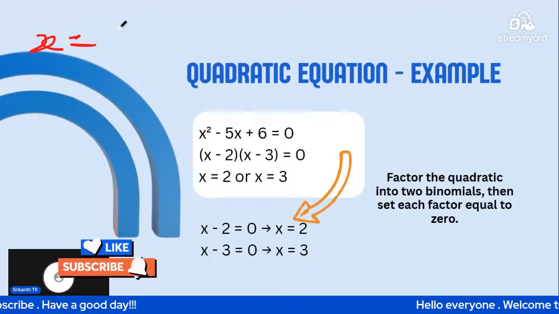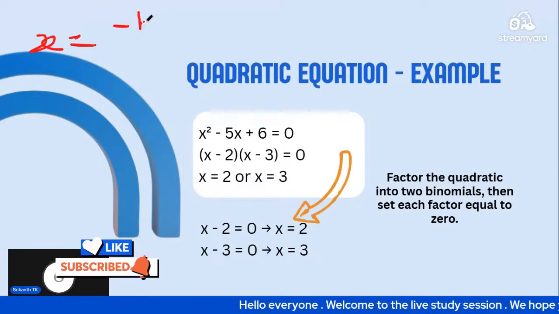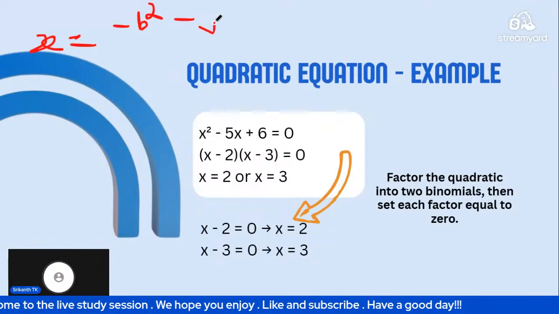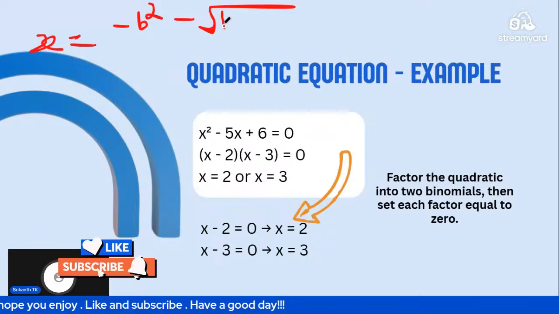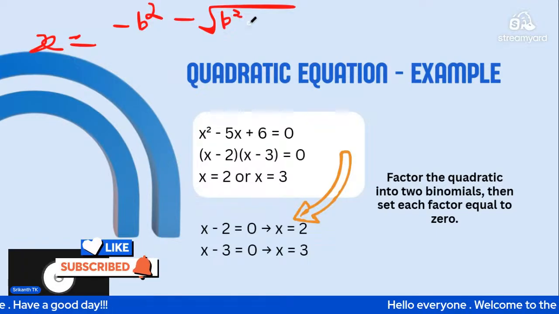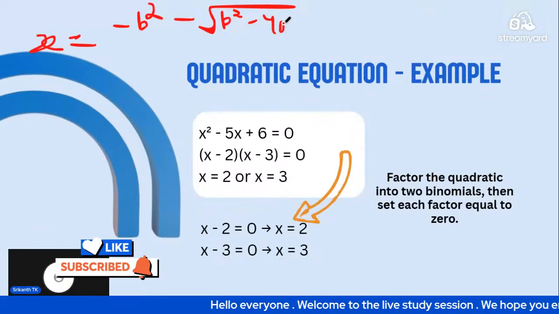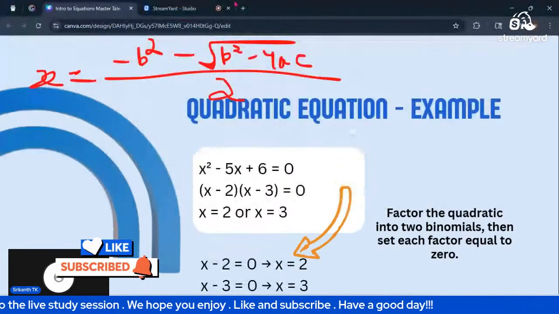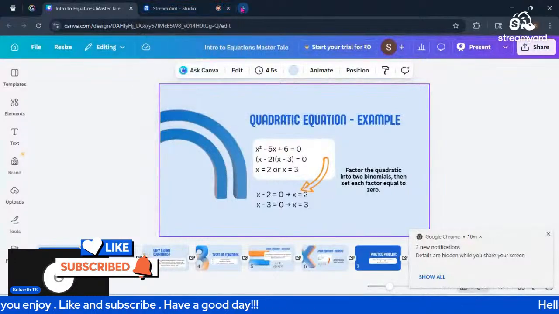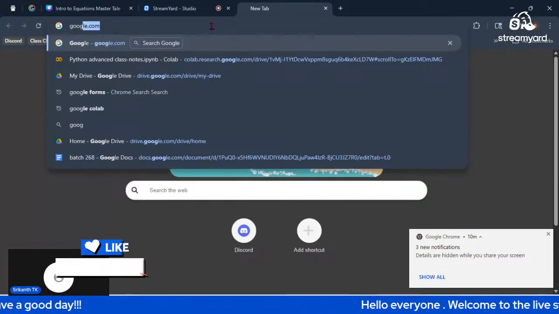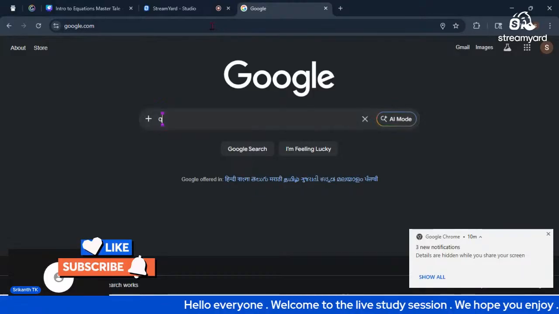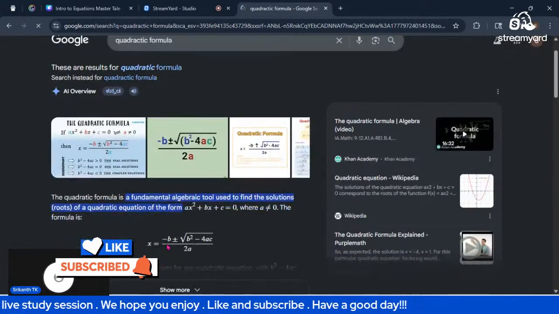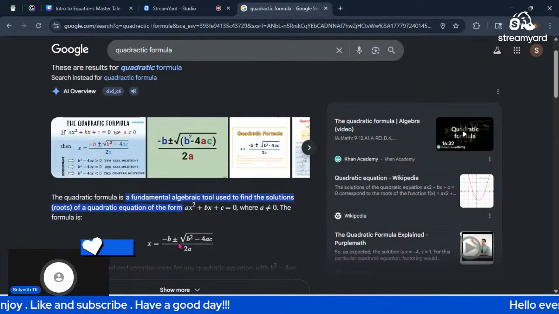The quadratic formula is x equal to minus b, square root of b square minus 4ac, divided by 2. So let me quickly show you here. Quadratic formula, like I said, minus b, or it can be plus or minus.